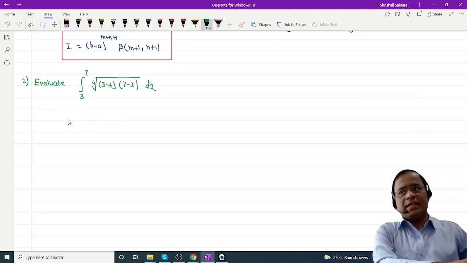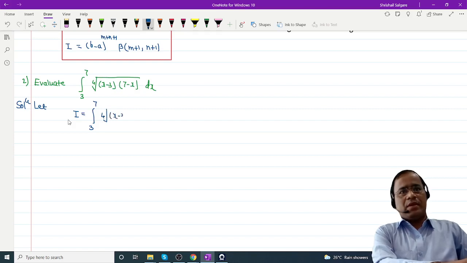I will call this integral I. So let I be the integral from 3 to 7 of the fourth root of (x minus 3) into (7 minus x) with respect to x. The fourth root I will write in terms of power. What do I have to write then? x minus 3 raised to what power, and 7 minus x raised to what power? What is the power then?